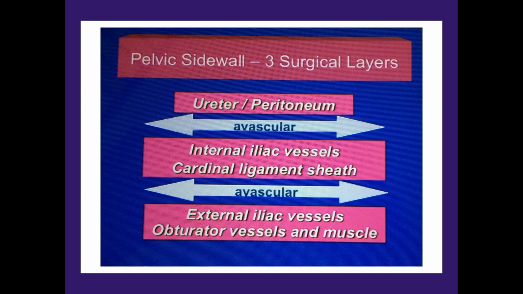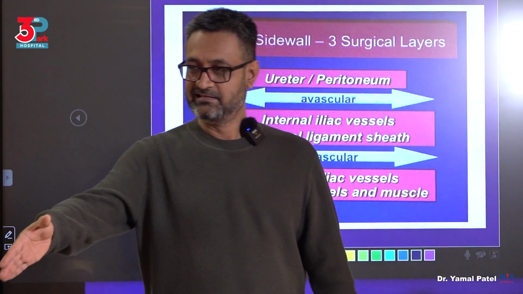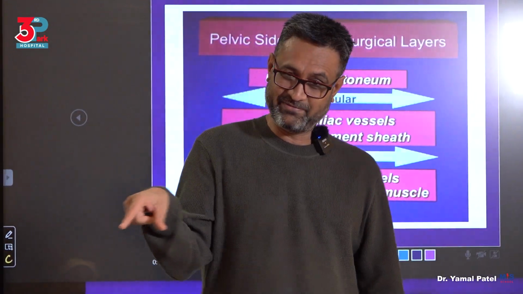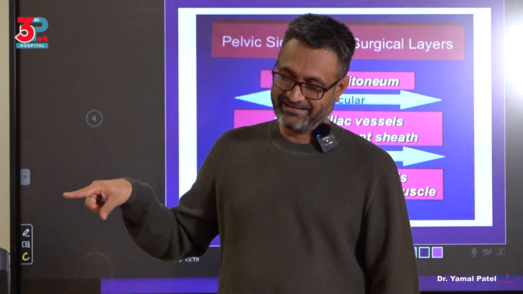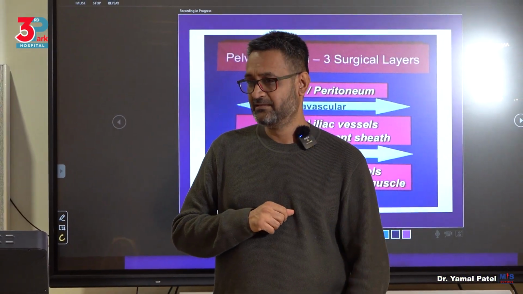Okay? So in the side wall of the pelvis, the superficial layer actually has the ureter just under the peritoneum. God has created the ureter in such a way that He shows it to us. This is the ureter. You will see it peristalsing up and down. Now, if you can see it, there is no reason we should harm it.